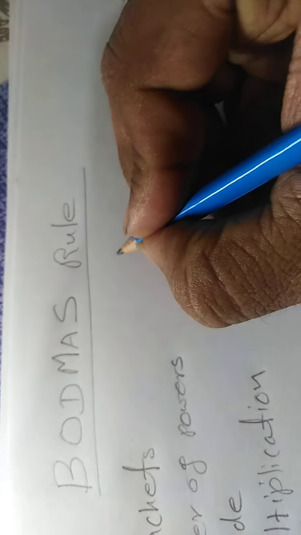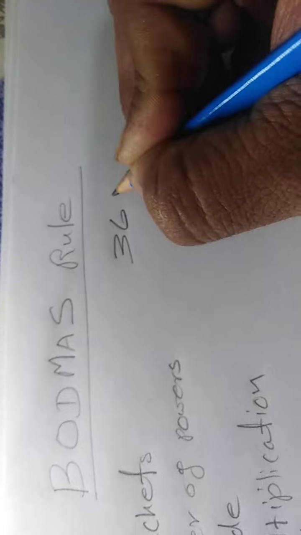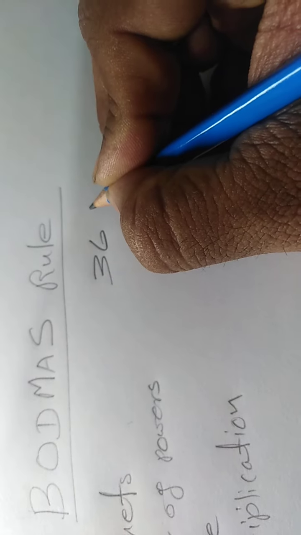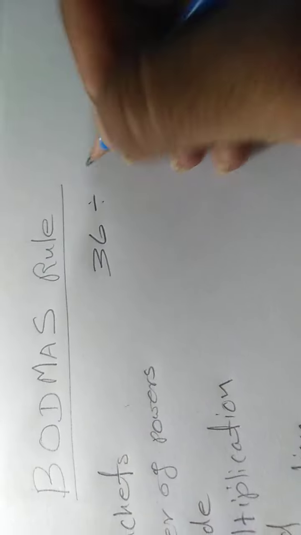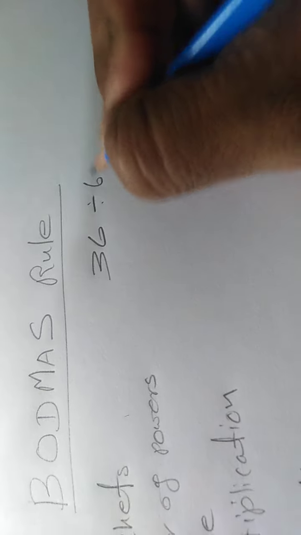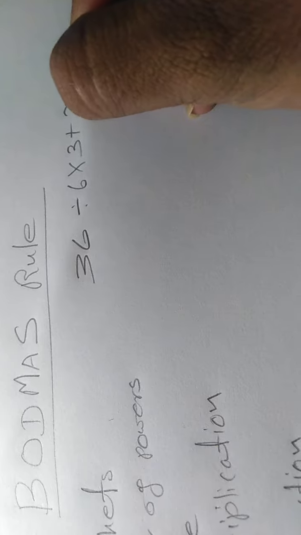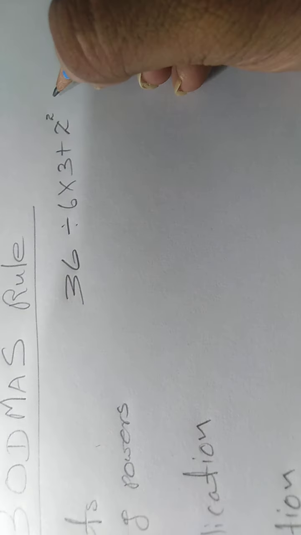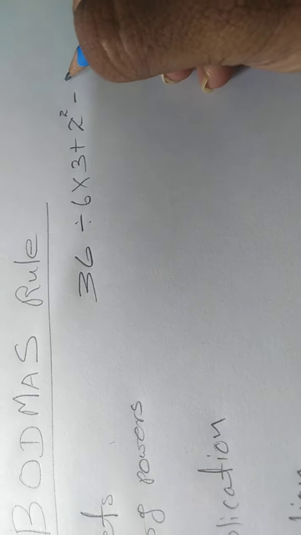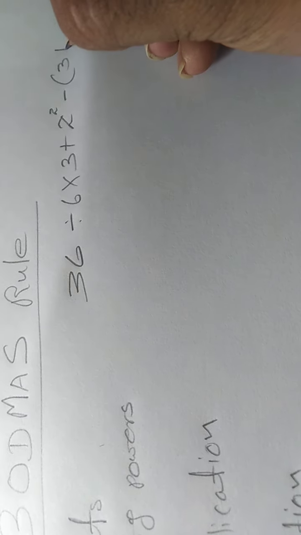Let's take this one: 36 divided by 6 multiplied by (3 plus 2 to the power 2), and (3 plus 5).